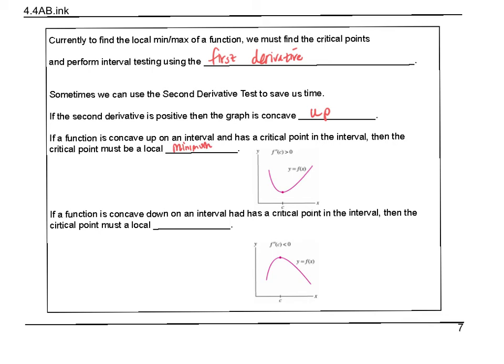And if a function is concave down on an interval and has a critical point in the interval, then the critical point must be a local maximum. So this test can be helpful. I've found over the years that I use it more as a check, just to confirm along the way that everything matches up. But you can use it for this reason alone.